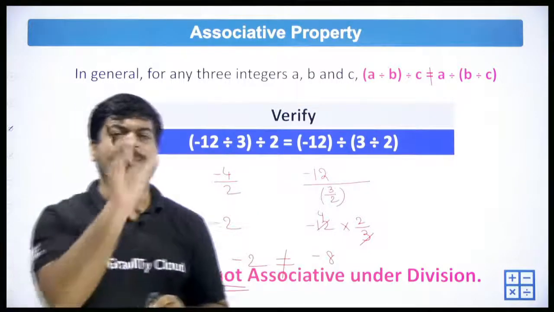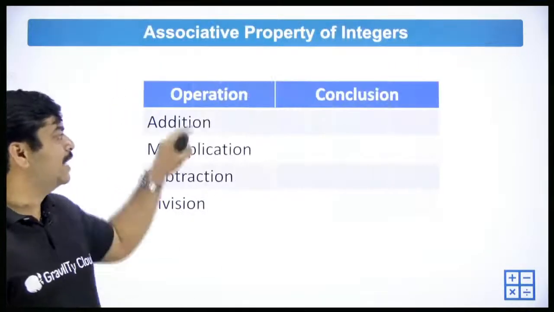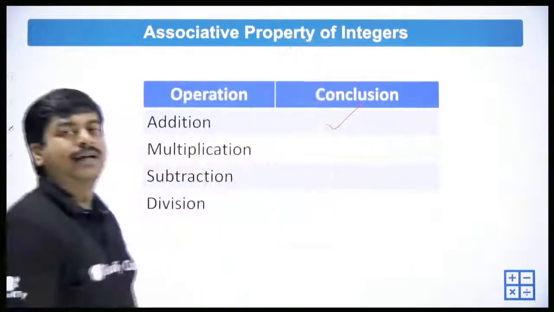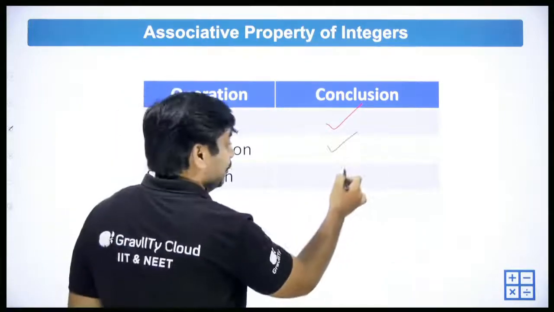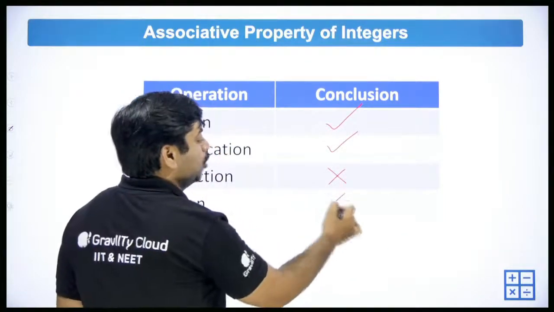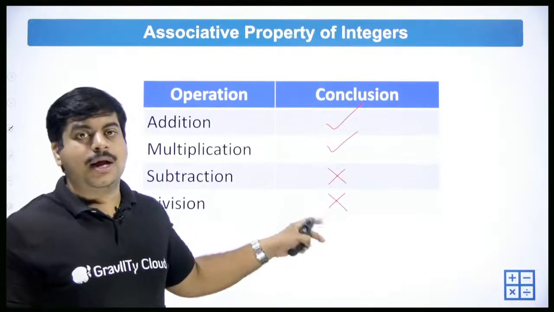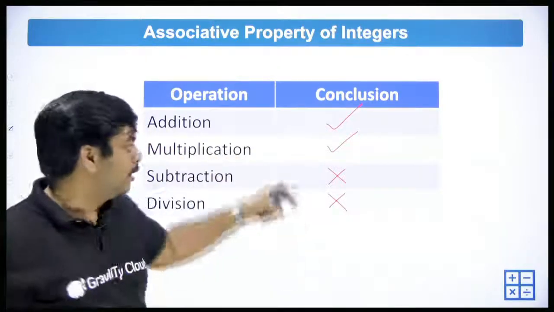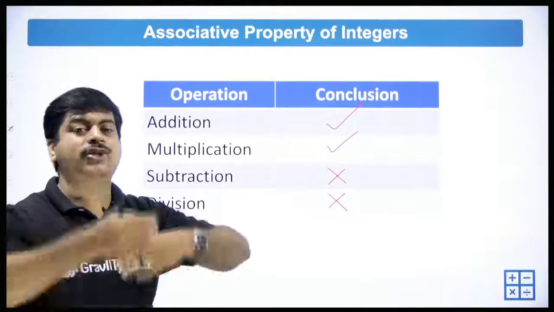So let us try to keep all these 4 together for associative. Addition we discussed, yes, it is correct. The relation is satisfied. Multiplication correct. Subtraction no, and division also no. These two are not satisfying the associative property. And these differences will come when you have negative and positive numbers in the case of subtraction, and here, when you're dividing a fraction by a fraction.